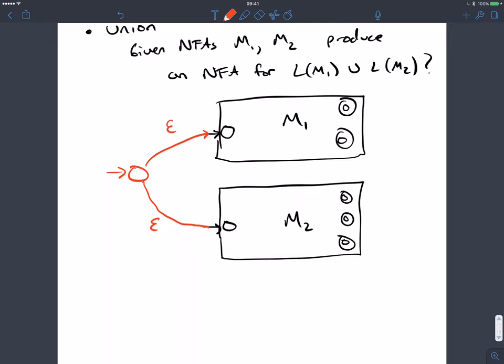Same thing if the string is in L of M2. If it's in both, then it's going to make one of the choices. I don't know which, but it's going to make one of them. And since it's in both, I know it'll accept either way we go. So this NFA has the language L of M1 union L of M2. A lot easier for NFAs than DFAs, right?